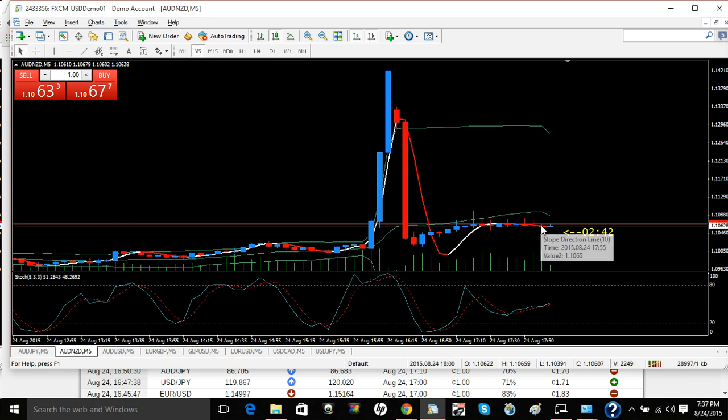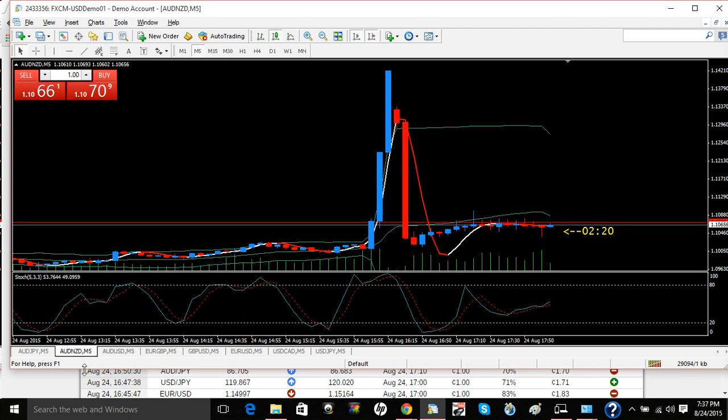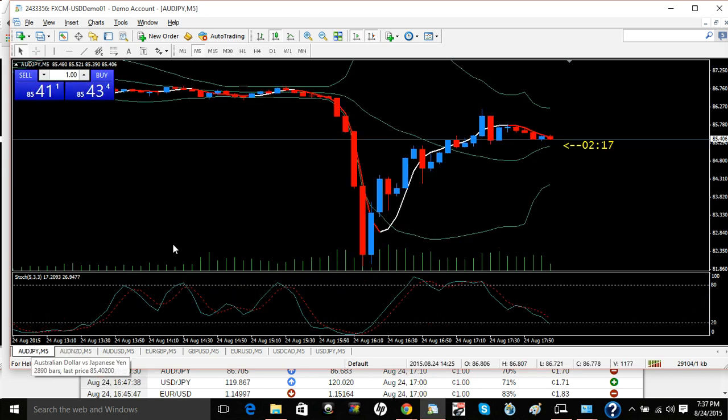There's been very little movement, so it's extremely difficult to figure out which way to place a trade. When you see a basically flat line, it's called a range market. When you see a market moving that little, just stay away from it. As soon as you see that, go to the next currency pair.